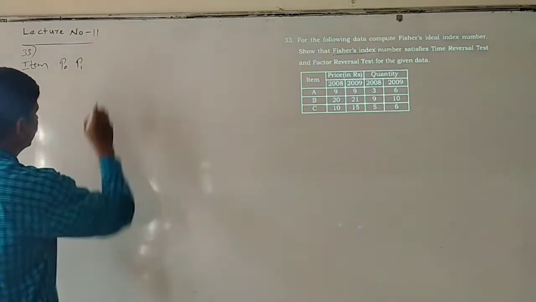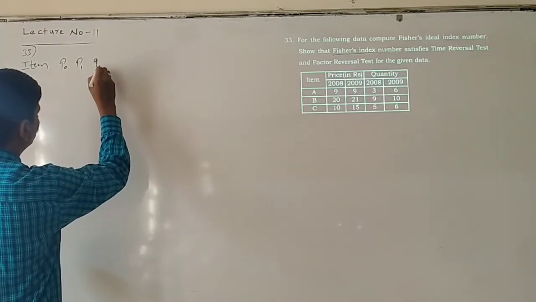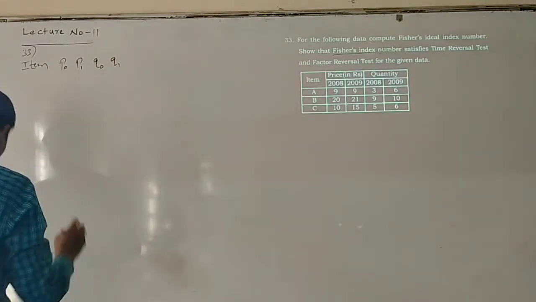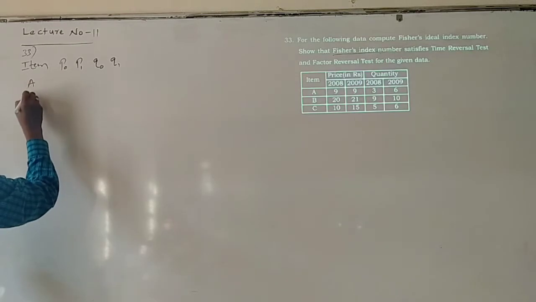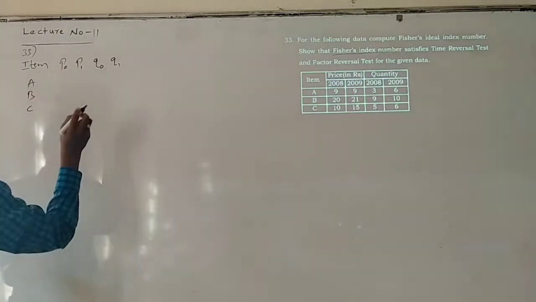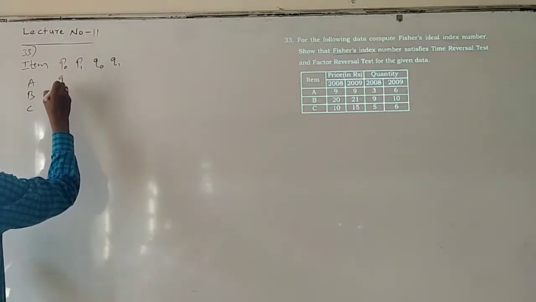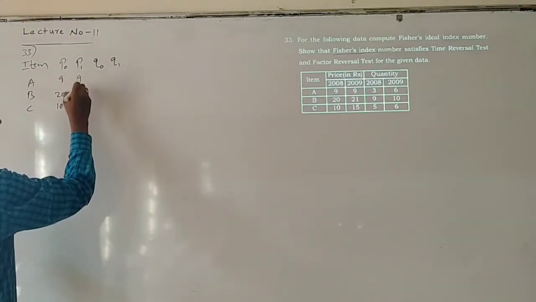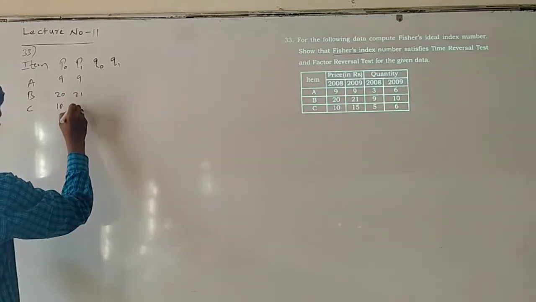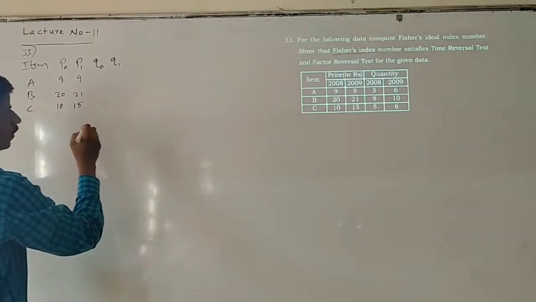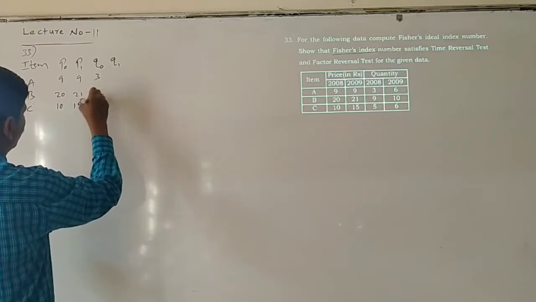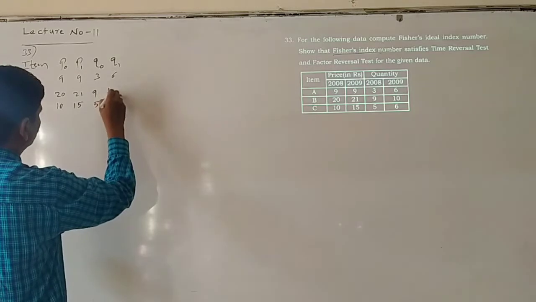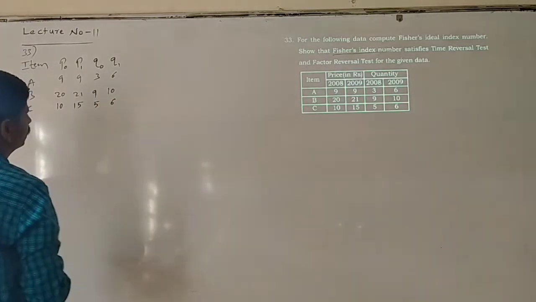Quantity in 2008 is Q0. Quantity in 2009 is Q1. You have to write down the values. Items A, B, C. Price in 2008 is 9, 20 and 10. Then 9, 21, 15, and quantities 3, 9, 5, 6, 10, 6.